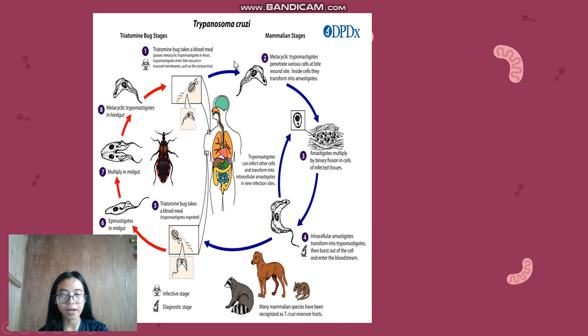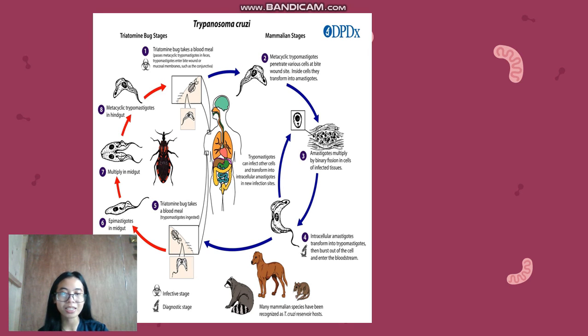Common triatomine vector species for trypanosomiasis belong to the genera Triatoma, Rhodnius, and Panstrongylus. Inside the host, the trypomastigotes invade cells near the site of inoculation and differentiate into intracellular amastigotes.